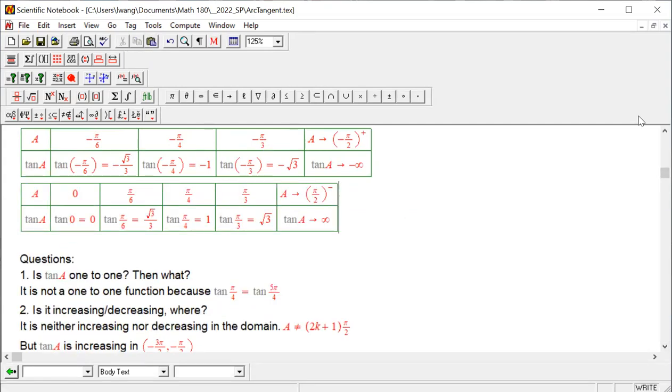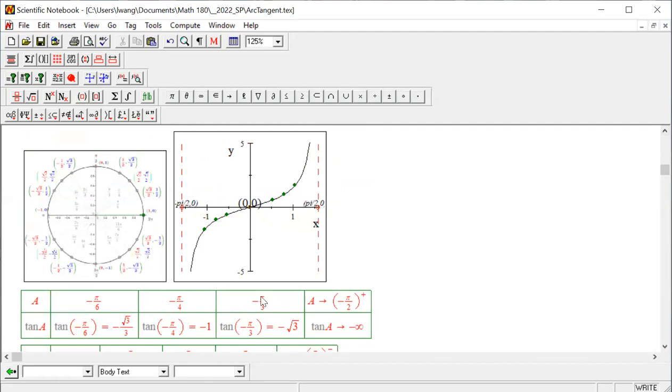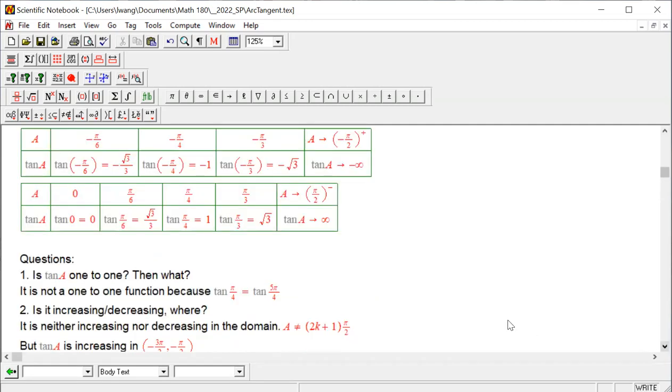What are these two pieces? In this piece, we have tangent, range-wise from negative infinity to positive infinity. And then we have negative pi over 3, negative pi over 4, negative pi over 6, 0, pi over 6, pi over 4, pi over 3. So let's reorganize that table.